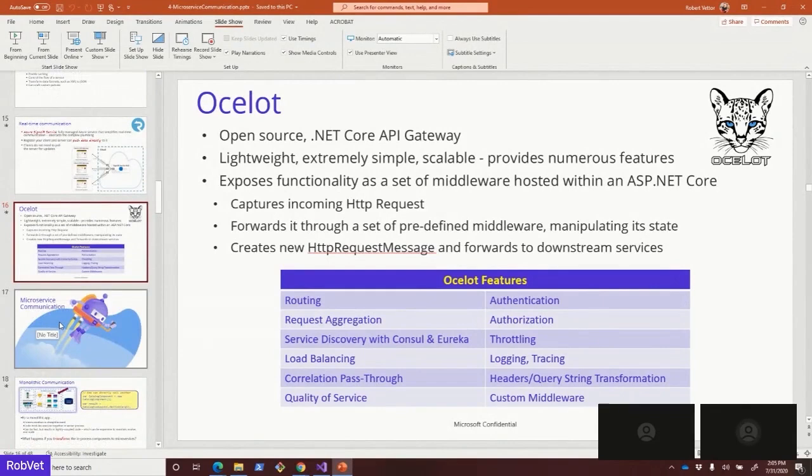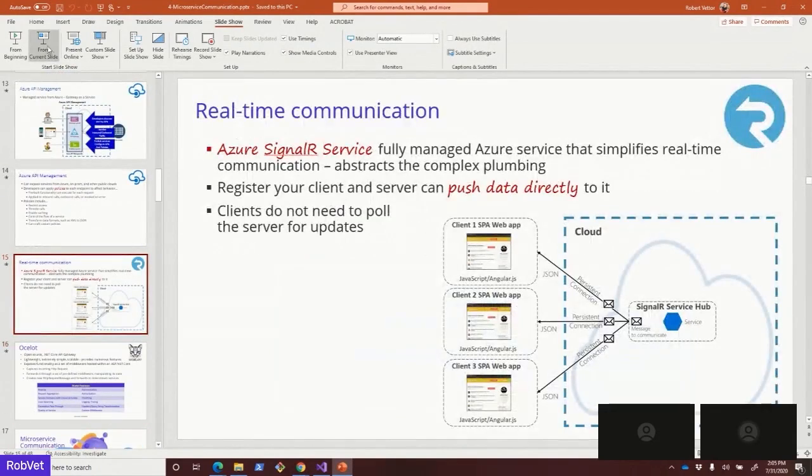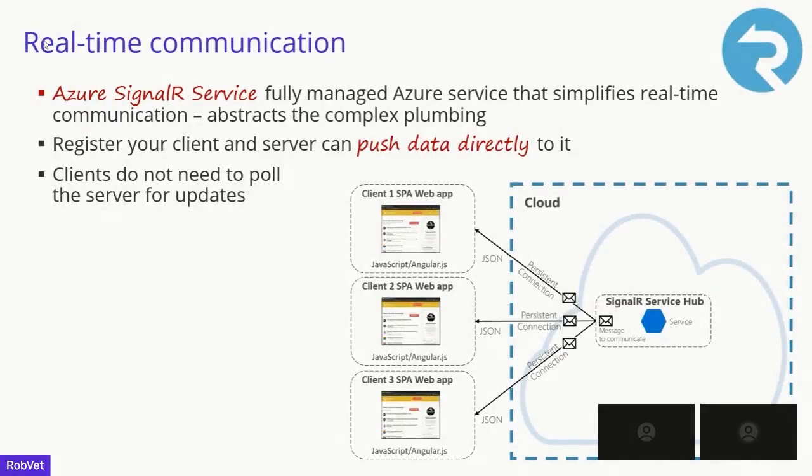I want to come back and talk about this. Another option you might think about with front-end clients would be more real-time communication. We talked about this yesterday in the conference: Azure SignalR Service is a fully managed service that simplifies real-time communication in your web-based applications.